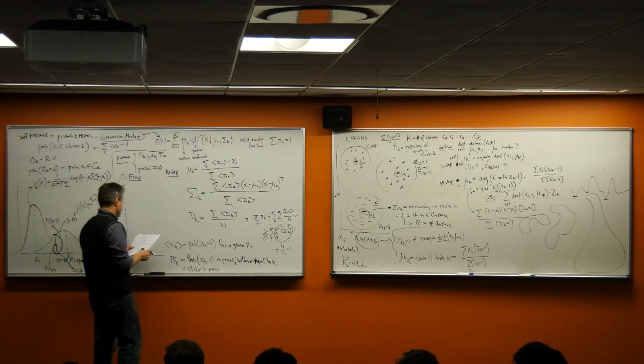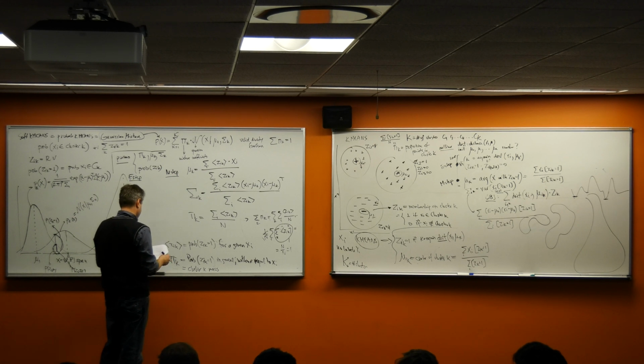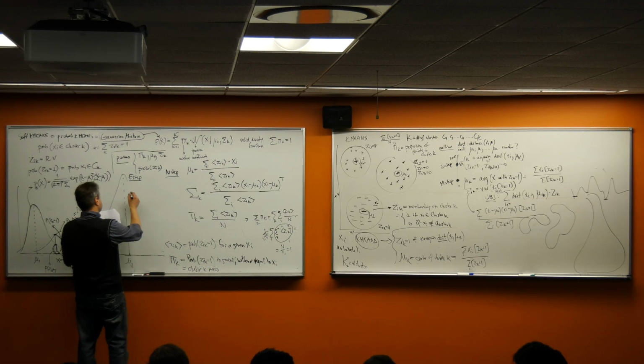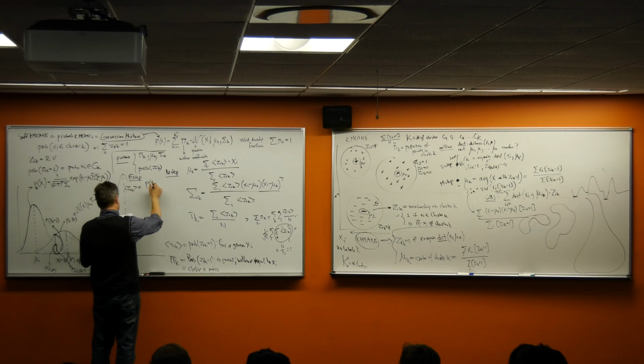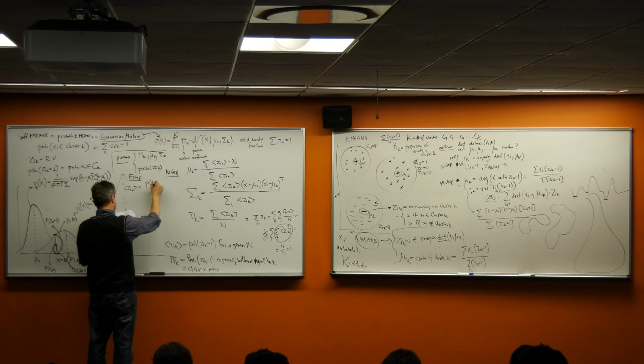Right, so the formula I have here: z_ik, this probability, is the probability of x_i, let me write it nice, the normal of x_i with mu_k and sigma_k.